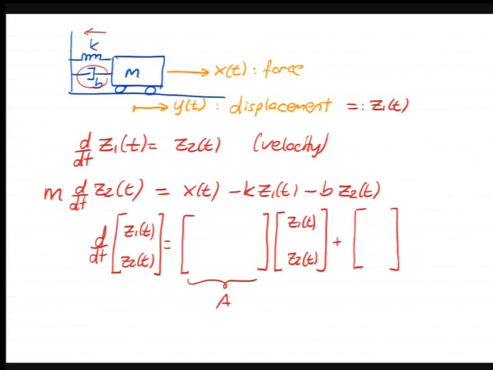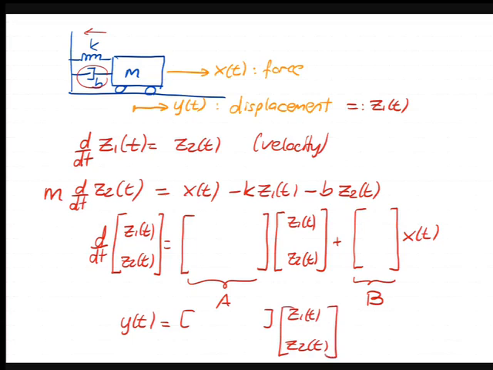All right. B matrix is going to multiply x of t, and then we're going to relate y of t to z1 and z2, and we already know how that works.